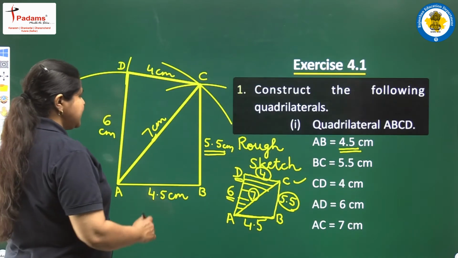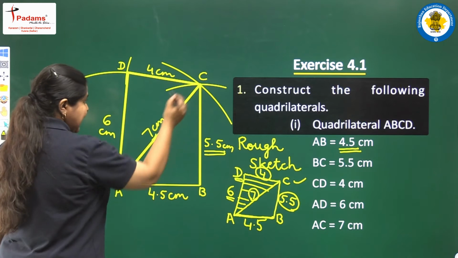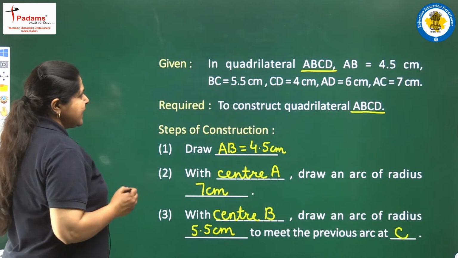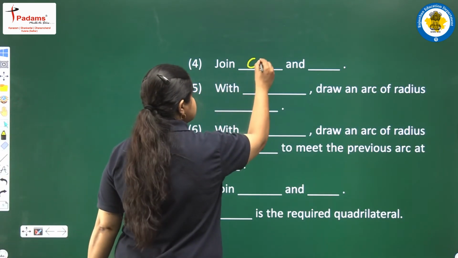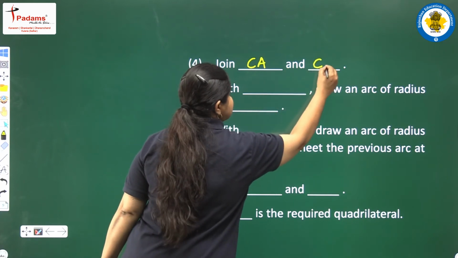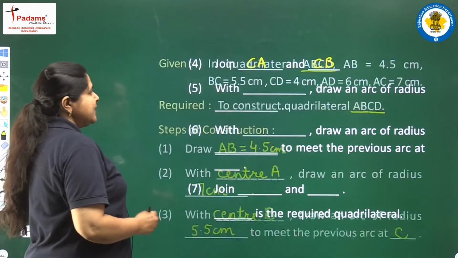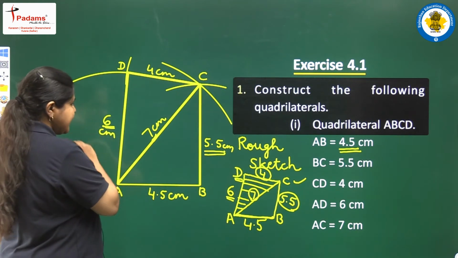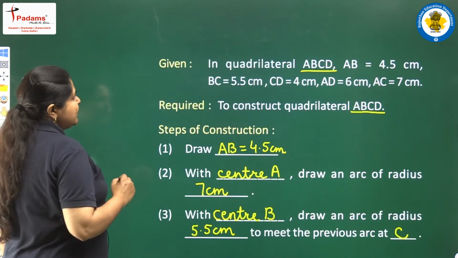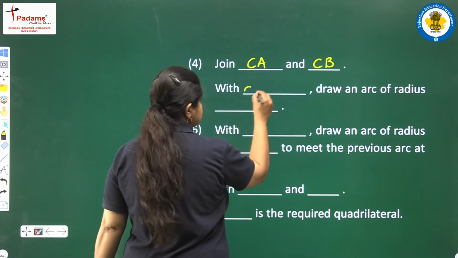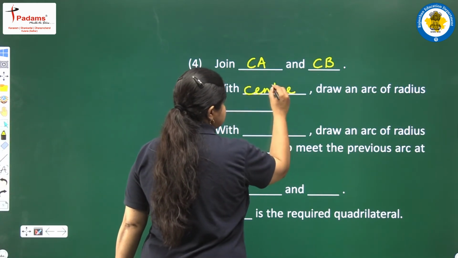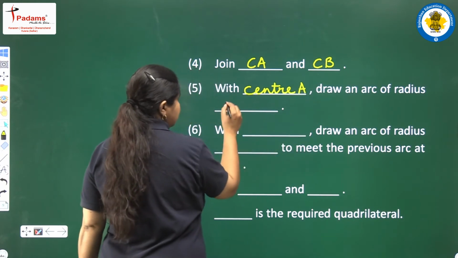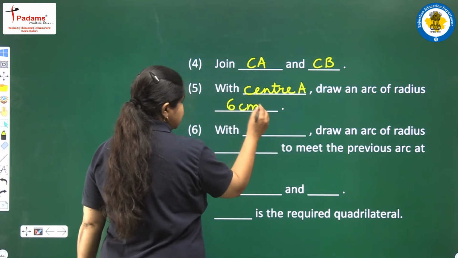Then what next we did? We joined CA and CB. So, we write it here also, join CA and CB. Then with center A and radius 6 centimeter, draw an arc. So, we write it here, with center A, draw an arc of radius 6 centimeter.